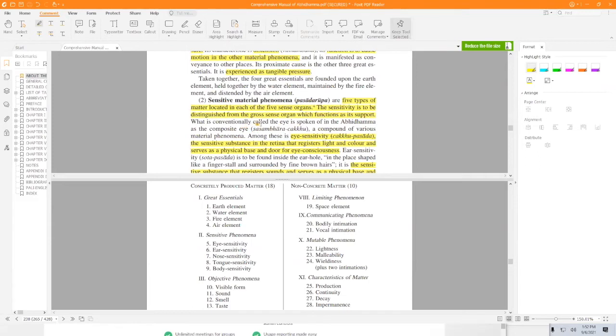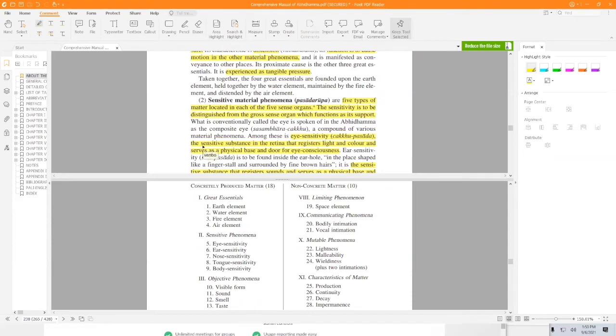What is conventionally called the eye is called in the Abhidharma the composite eye. It's a compound of various material phenomena, but the most important of those is the eye sensitivity.